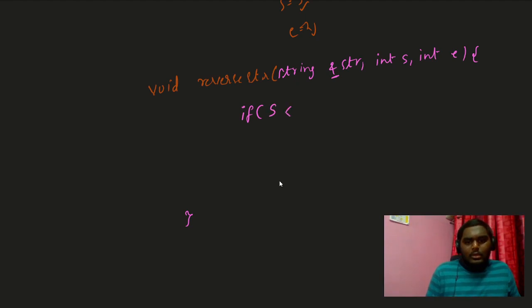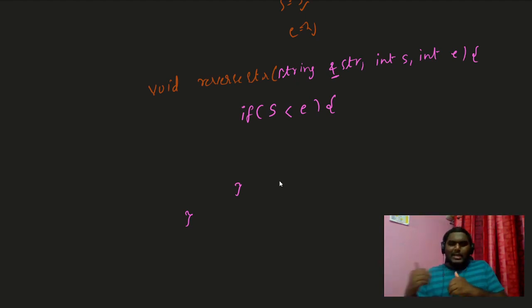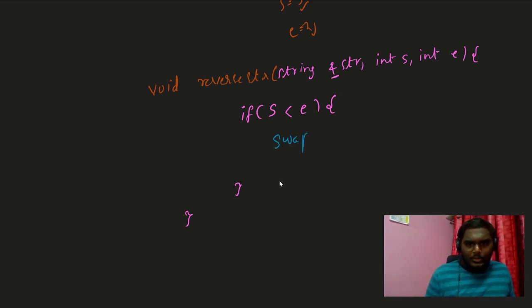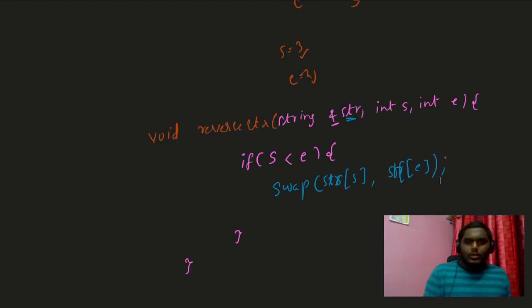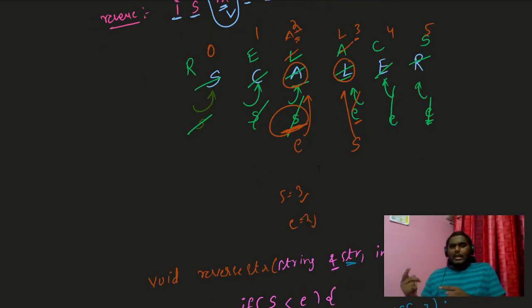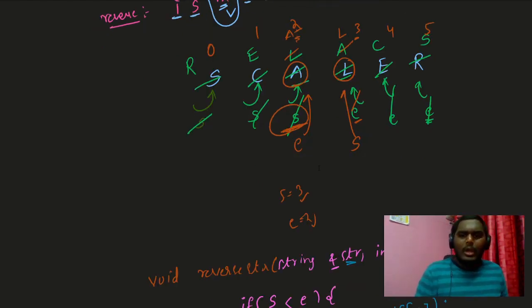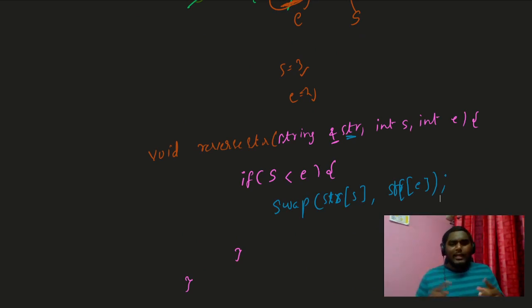Now tell me what to do if that condition is true. If our start is less than our end, we'll simply swap str of s and str of e. Sorry, it's a string, right? We'll swap those. Then what to do? We just need to increment our s and decrement our e, right? And again we need to repeat the same after incrementing and decrementing.